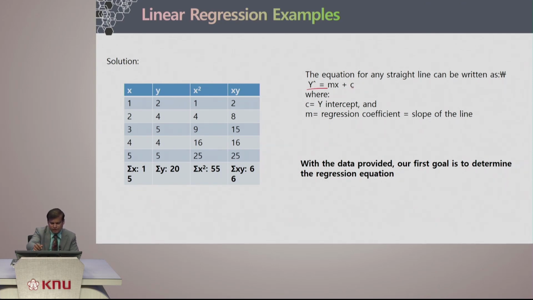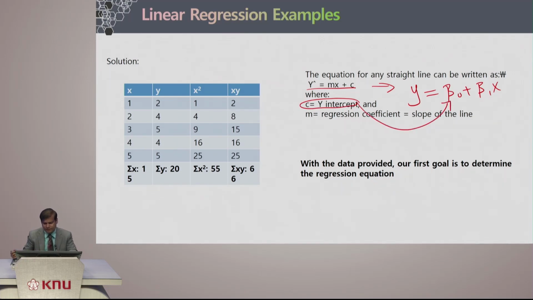Well, we are calculating this in simple form. You can go by this method. This is in fact similar to y equals beta naught plus beta 1 times x, where beta naught is your y intercept, and beta 1 is your regression coefficient or the slope of the line.